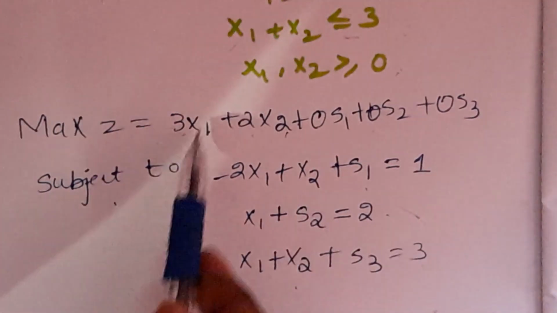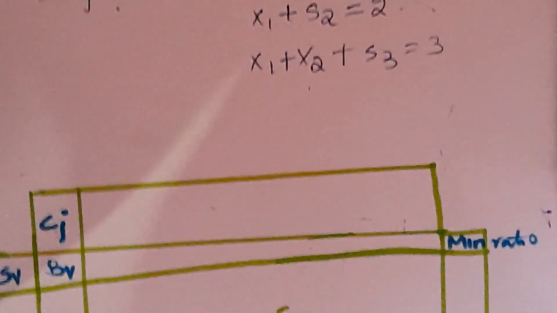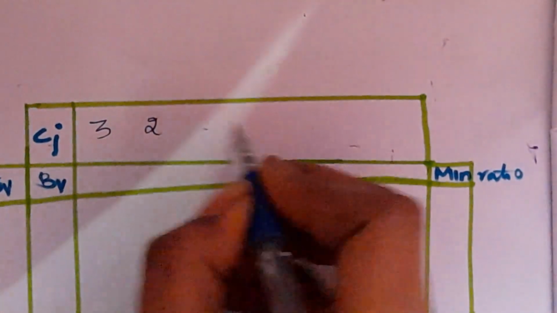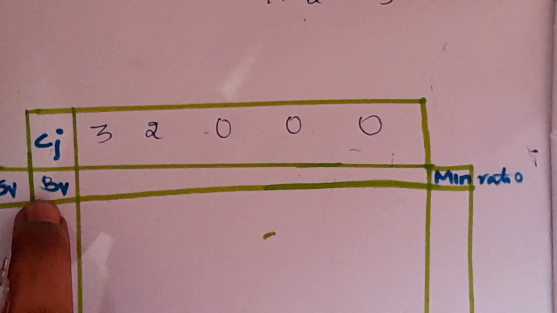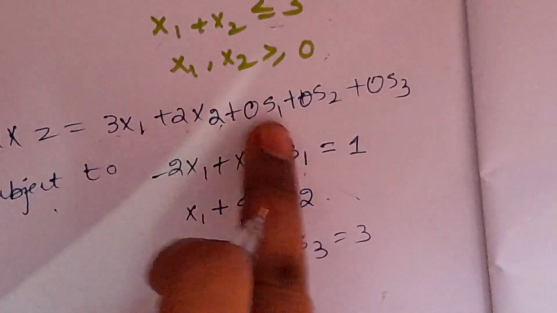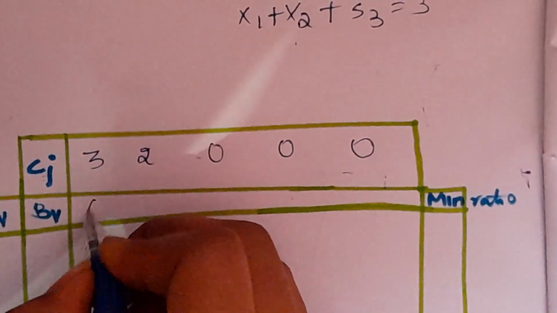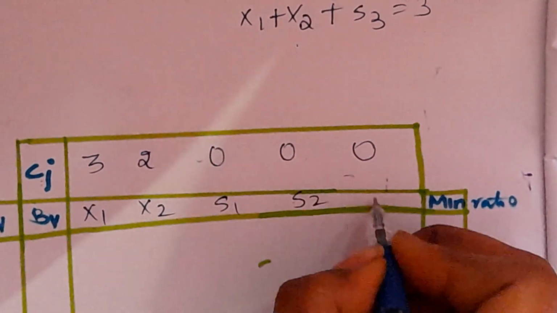So we write these coefficients in Cj: 3, 2, 0, 0, 0. Here the variables of the objective function are x1, x2, s1, s2, s3.